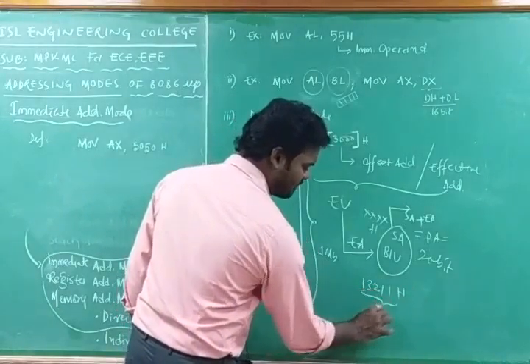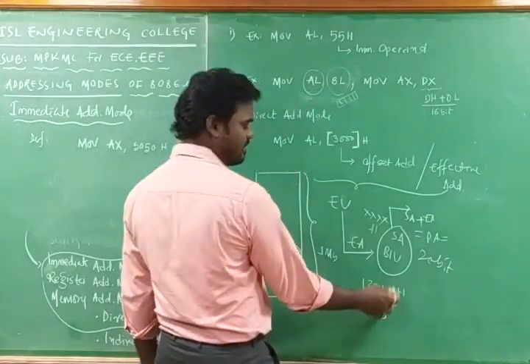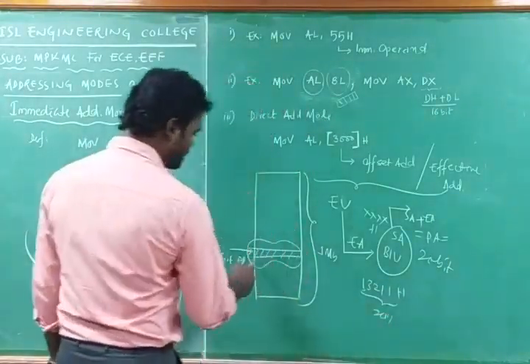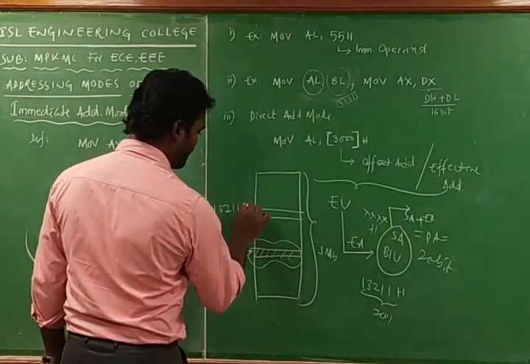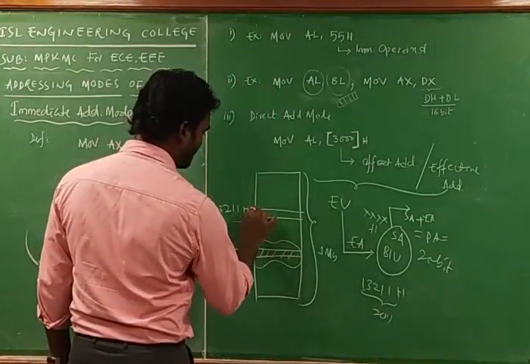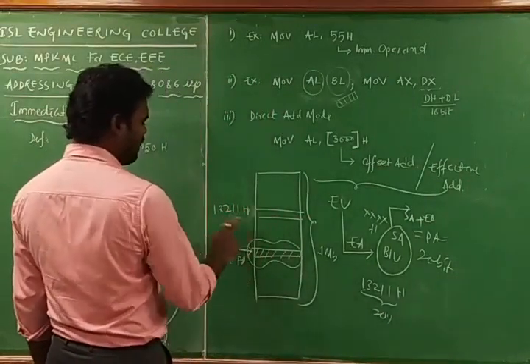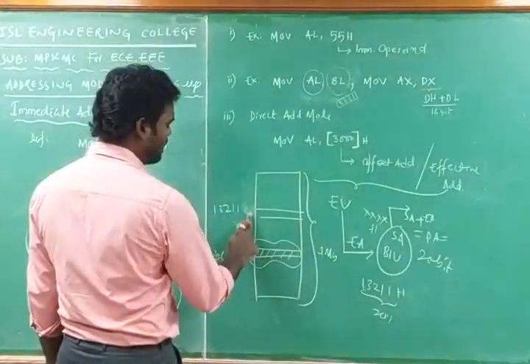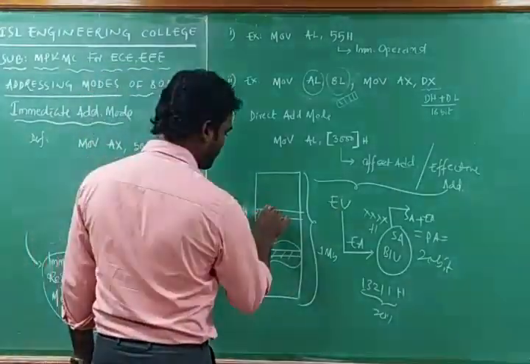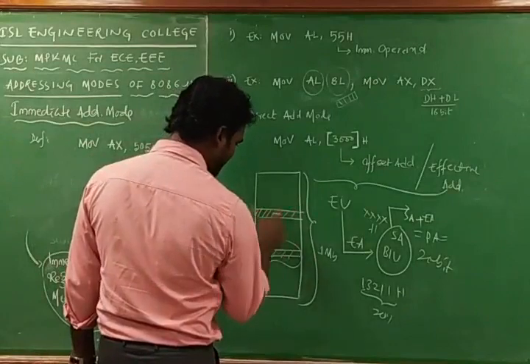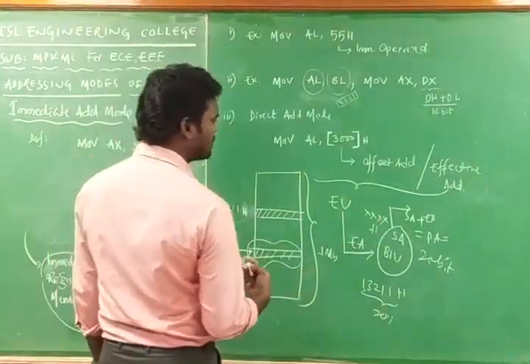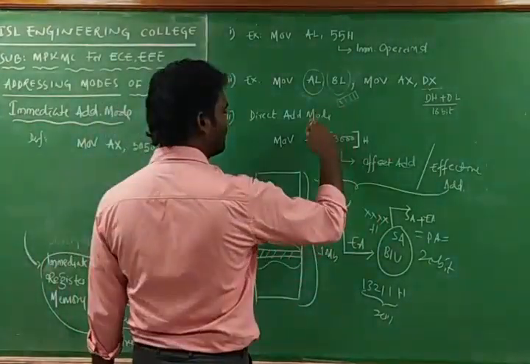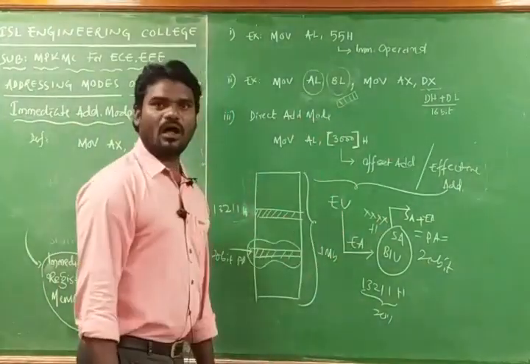It is a 20-bit address. The microprocessor identifies that location, and whatever data is there in that location will be accessed by the microprocessor and moved into the destination operand.